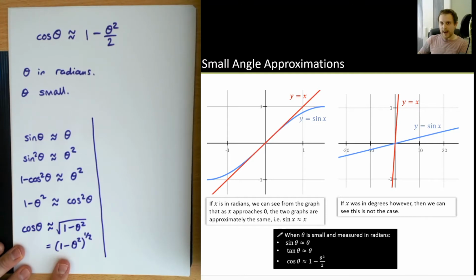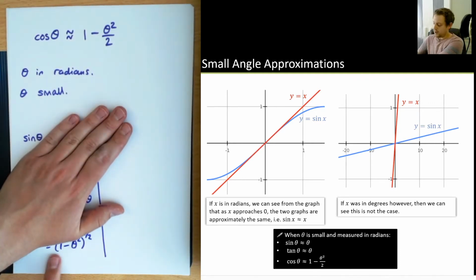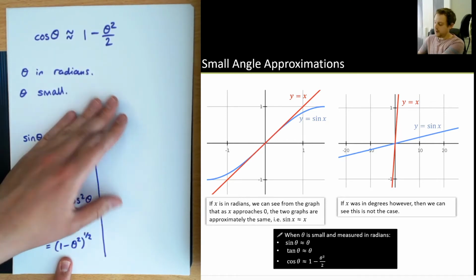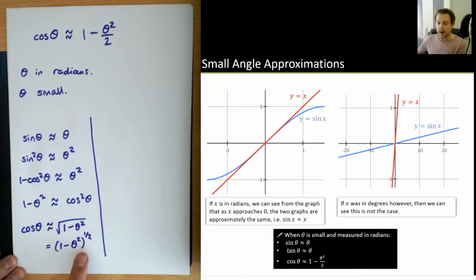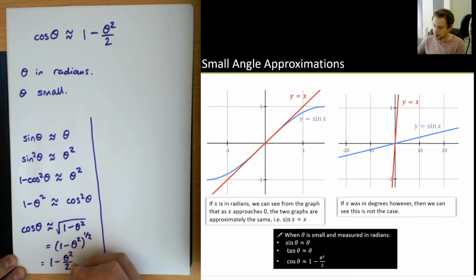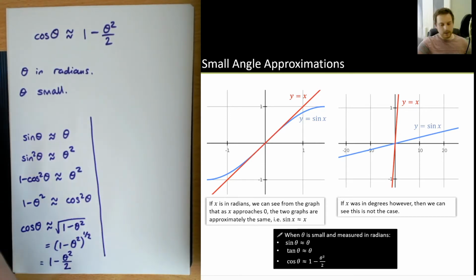Now, I'm not going to go into that now, but it turns out that if you do this, and this could be a question that's asked at A level, maybe not this beginning bit, it could give you this and say expand that in increasing powers of theta. This could be an A level question. It turns out that you can expand this and you're going to get 1 minus theta squared over 2. Let me just, I wrote the rest down just to show you.